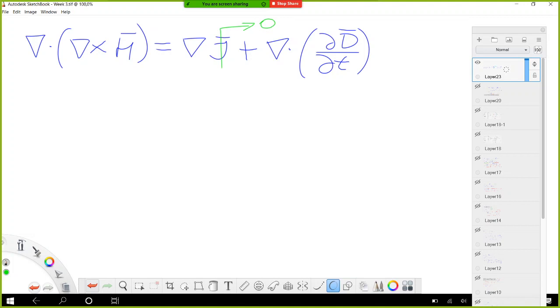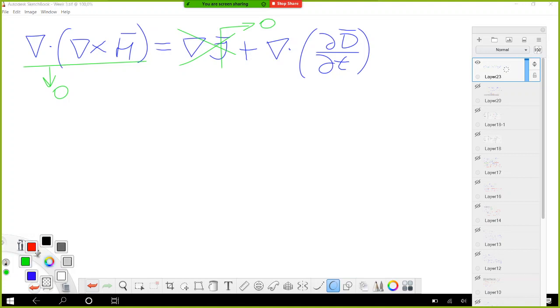J is given as 0, so this term goes away. The left side is again 0 because the divergence of the curl of a vector field is 0.